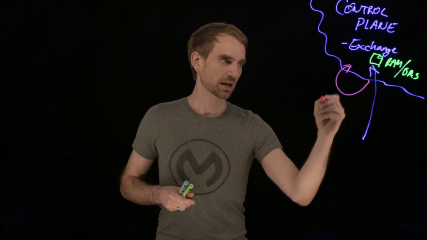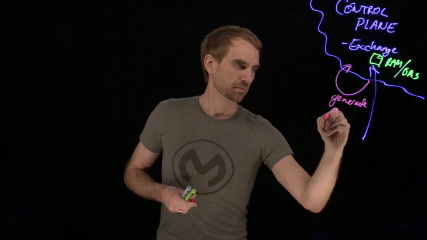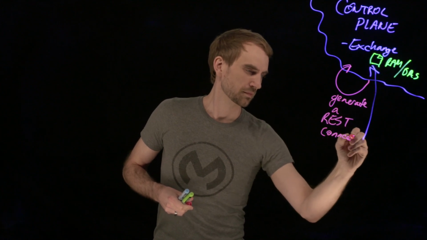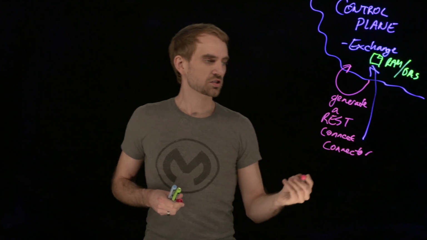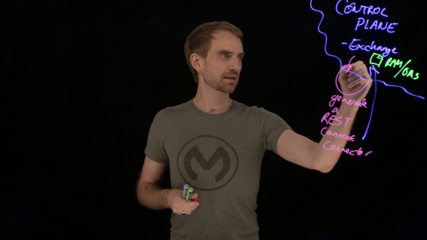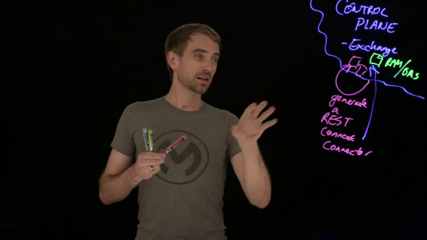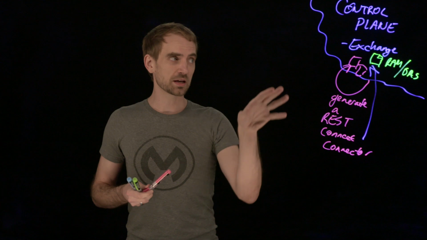Okay, so a bit of magic mechanism. So it generates this REST Connect connector, and that asset is in Exchange, tucked away behind the definition that you've published in. So you document as usual.